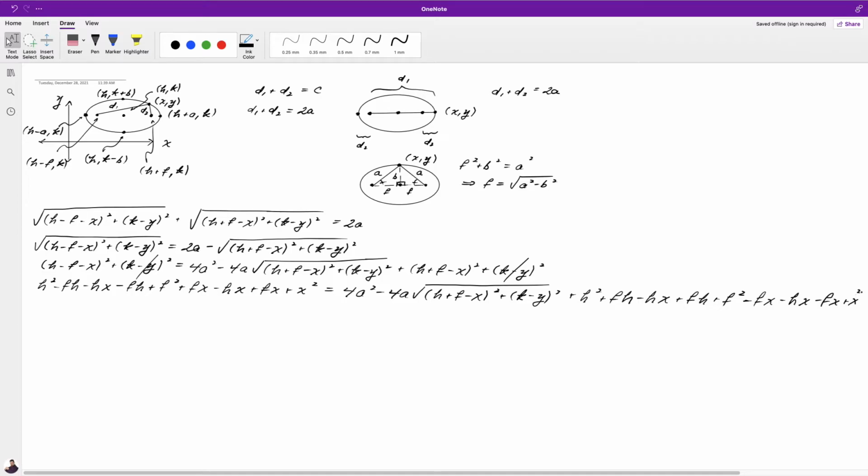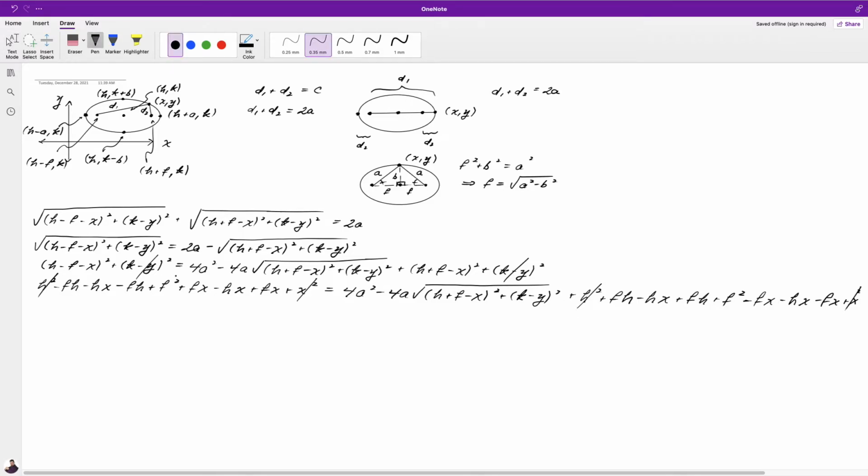Okay, now obviously we're going to want to cancel out a whole bunch of common factors on both sides, either adding the same to both sides or subtracting the same from both sides. Okay, so let's go ahead and do that. You can see that we can subtract x squared from both sides. We can subtract h squared from both sides.